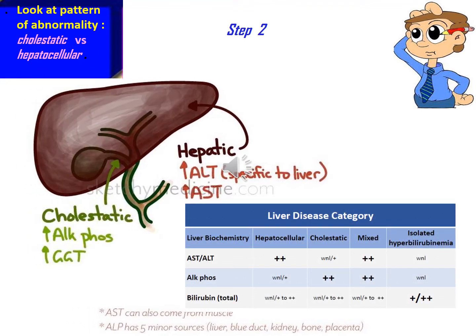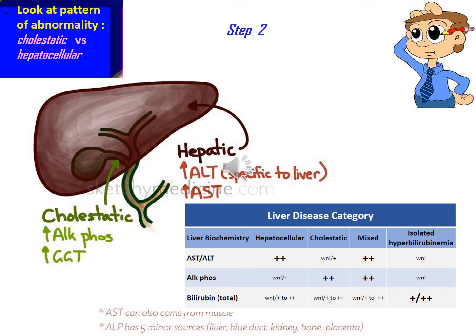The second step is to look at the pattern of abnormality. Are we dealing with cholestatic liver disease or hepatocellular disease? Actually, most of the parameters of liver biochemistry will increase in any liver disease, but we will look at the main change.